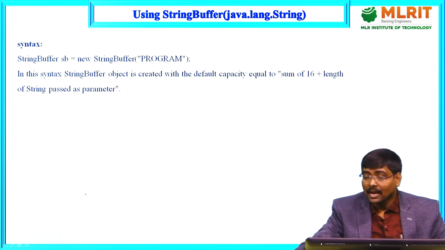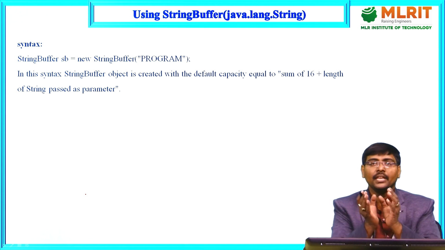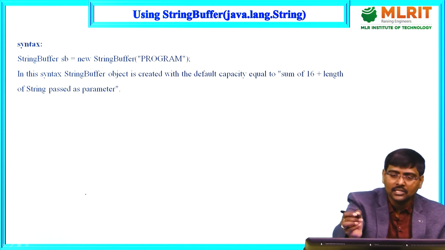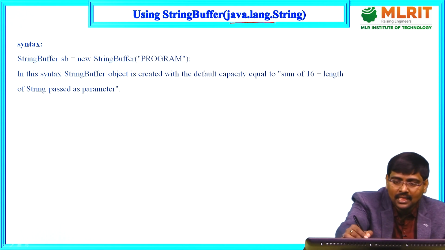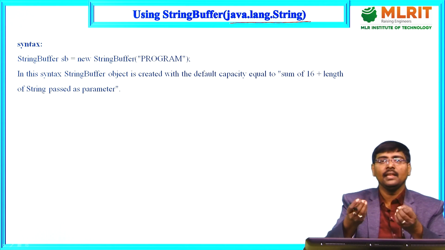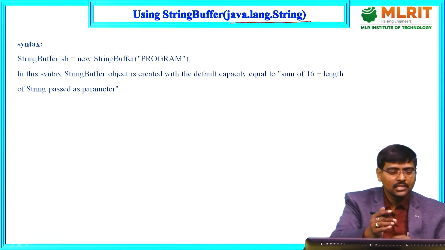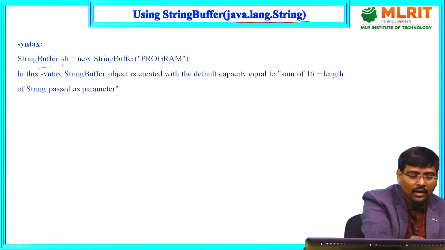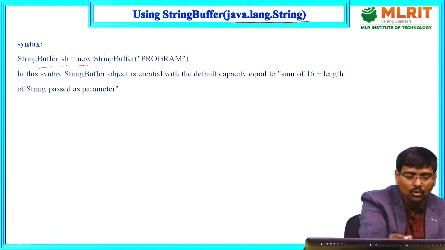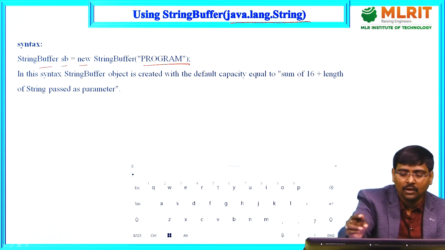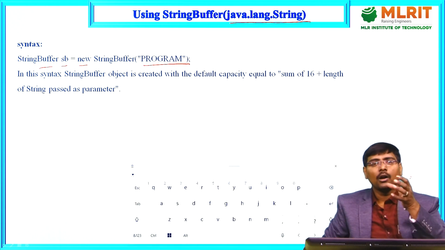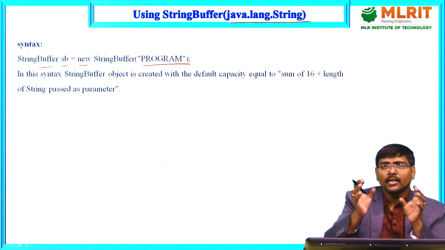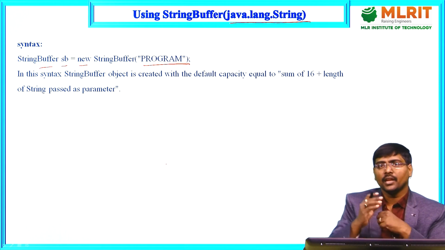Now coming to the third one, instead of passing the capacity, here within the buffer, directly I pass the string. See, StringBuffer sb is equal to new StringBuffer("program"). Automatically a string buffer object is created.